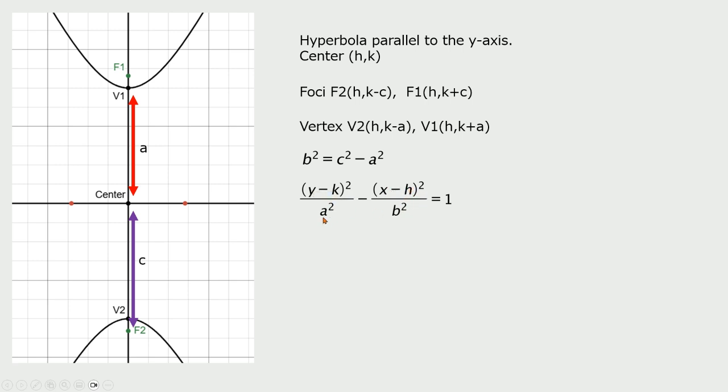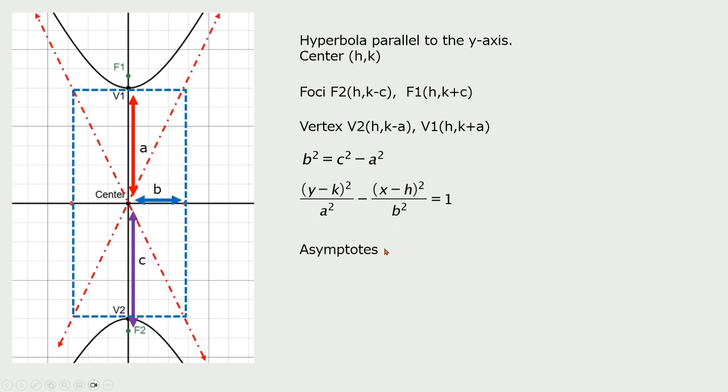So instead of moving the bigger number under the other x or y, whatever we did for the ellipse, it's more common to put the y value first with the a squared under it as the positive one if it's parallel to the y-axis, and vice versa. So that's just a little bit different from how it looks for the ellipse.